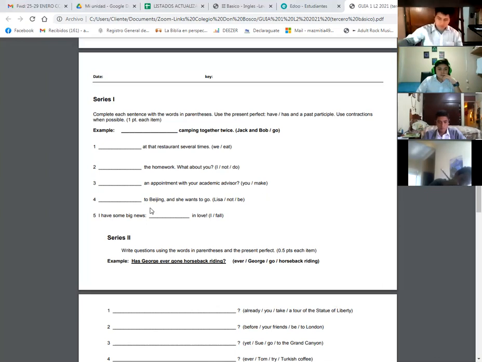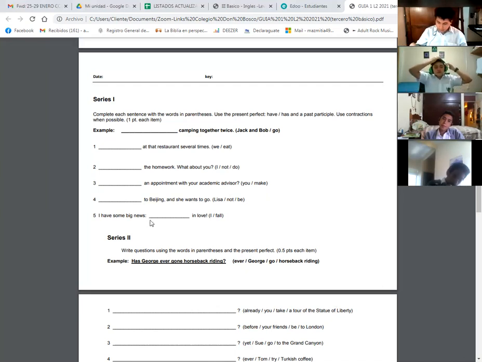Okay. Number 4 is to Beijing and she wants to go. And then between parentheses, we have Lisa, not, and be. This is another negative sentence. Okay. And number 5, we have, I have some big news, in love.